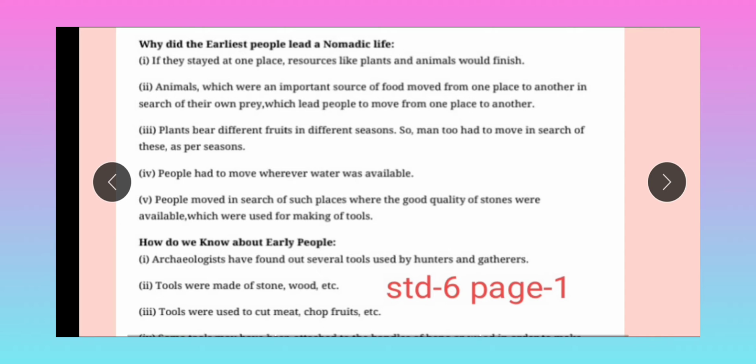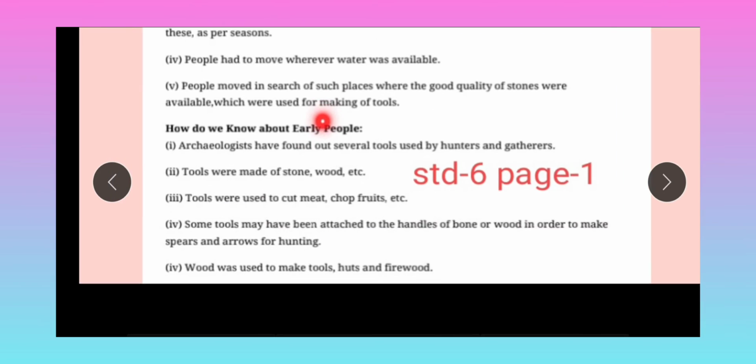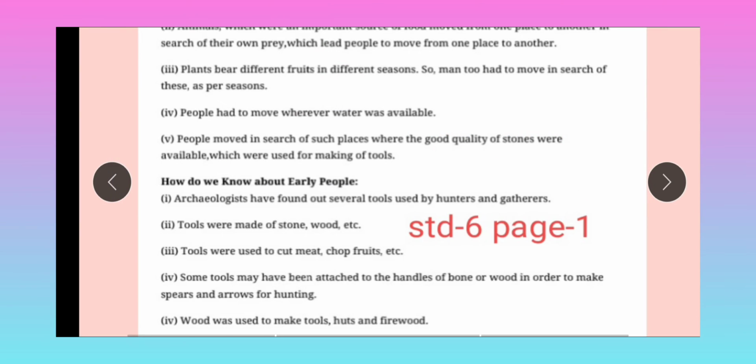Third reason, plants bear different fruits in different seasons, so man too had to move in search of this as per season. Fourth one, people had to move to where water was available. This one is the main reason, in search of water. Fifth one, people moved in search of places where good quality stone was available, which was used for making tools. Next point is, how do we know about early people?